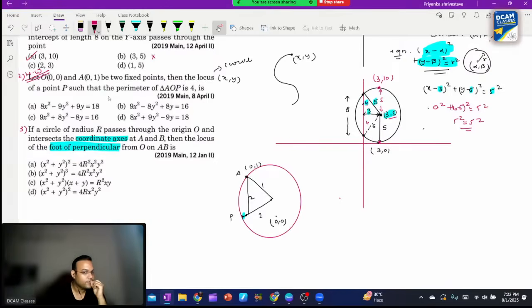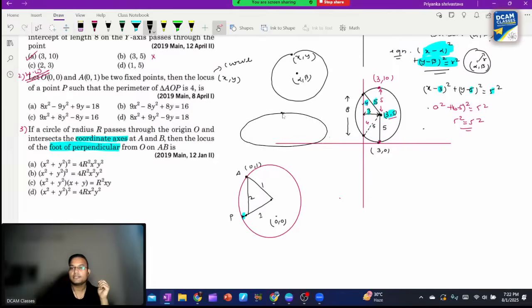The examples are: if I move the point xy in such a way that its distance from a fixed point remains the same, it becomes a circle. If I move the point in such a way that the sum of its distances from two fixed points remains the same, it becomes an ellipse. S1 plus S2 must be equal to some constant.